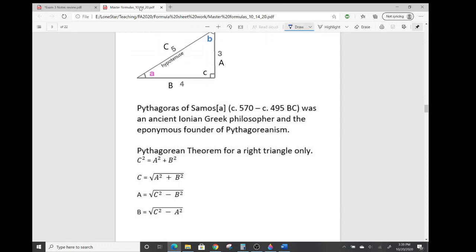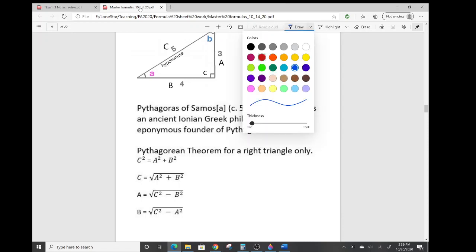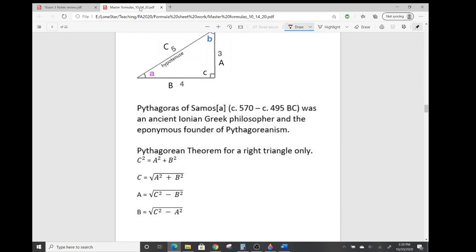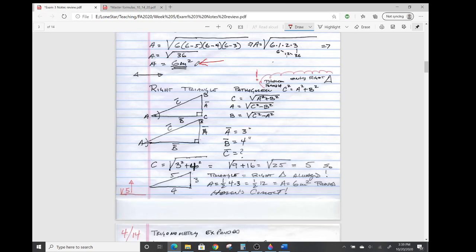The hypotenuse is always across from the right, the 90-degree angle, right? That's 90 degrees. All right. So 3, 4, 5 is a right triangle. Okay, remember that. So you got that in the notes. You've also got it in the review.